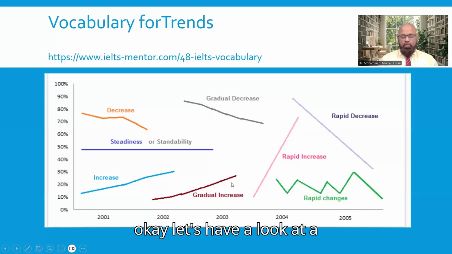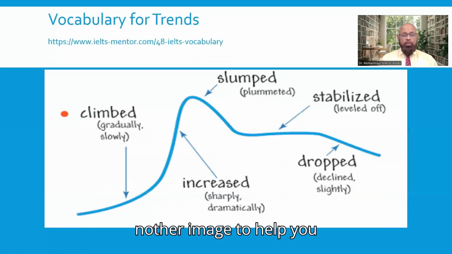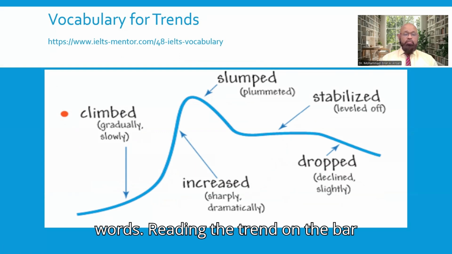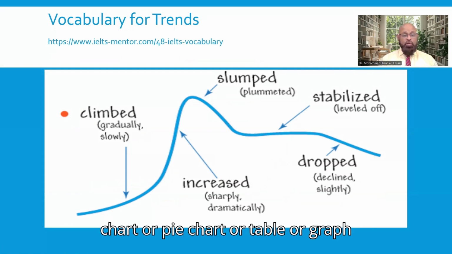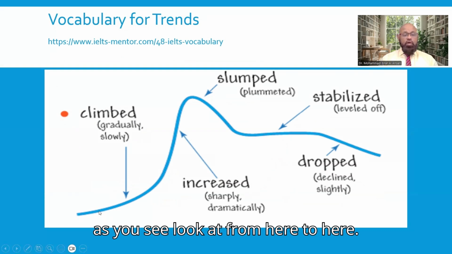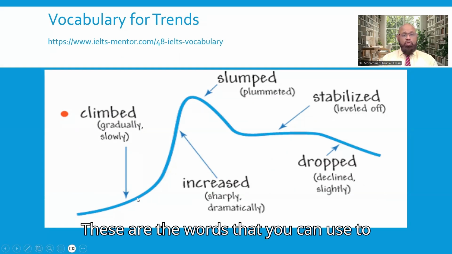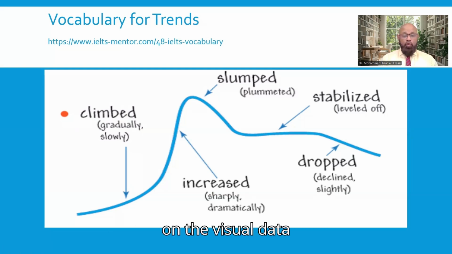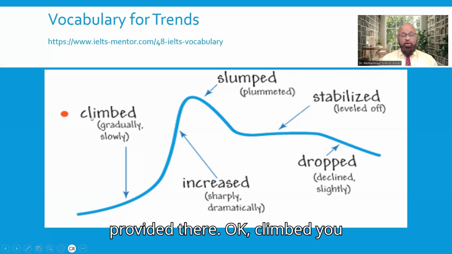Okay, let's have a look at another image to help you understand how you can use different words, reading the trend on the bar chart or pie chart or table or graphs. As you see, look at from here to here. These are the words that you can use to report the trends that you notice on the visual data provided there.